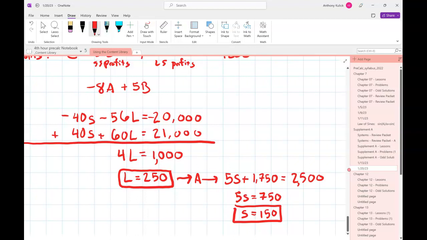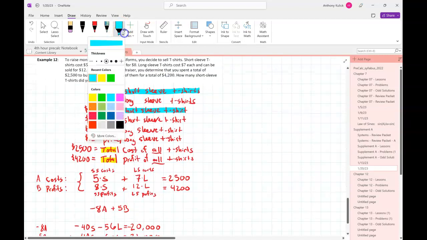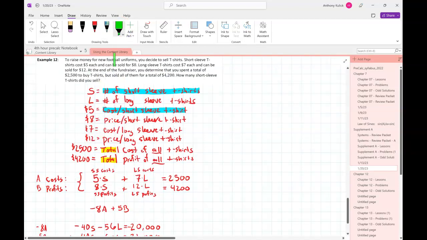Again, the worst part was the setup, right? This general setup, though, is super, super common for these kind of solving system story problems, where you have rate times quantity plus rate times quantity gives you total.